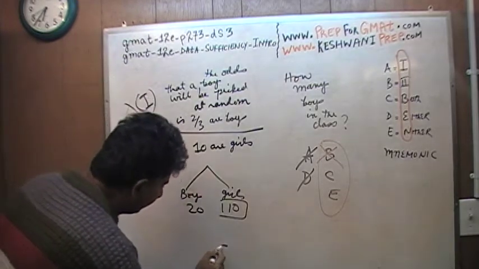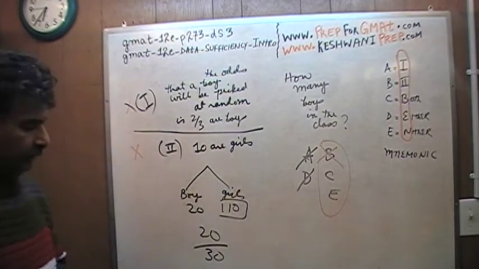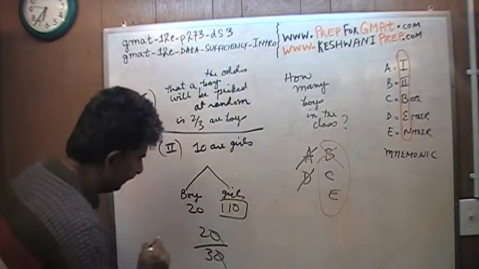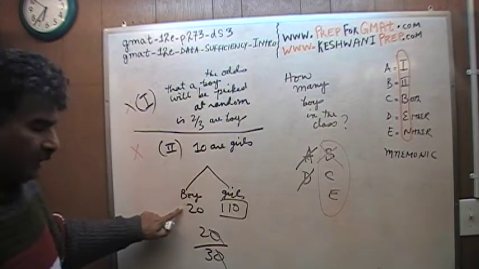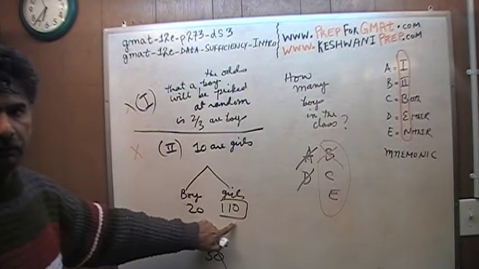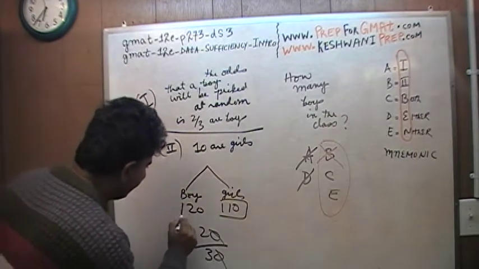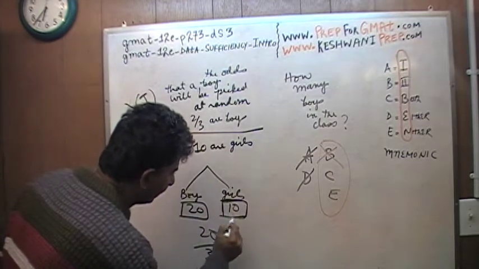20 plus 10 is 30, so we have 30 students altogether. And then 20 boys out of 30. There you go. In this class, if there were 20 boys, the odds of picking a boy at random would be 2/3, given the fact that there are 10 girls. This part that I put in the box is given to us.